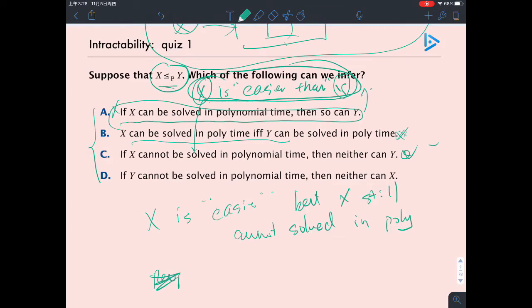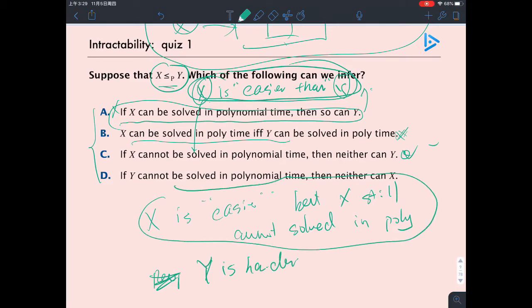And then people also have the knowledge that y is harder. So even for the easier one, it cannot be solved in polynomial time. Then it's very likely that for the harder one, it also cannot be solved in polynomial time.